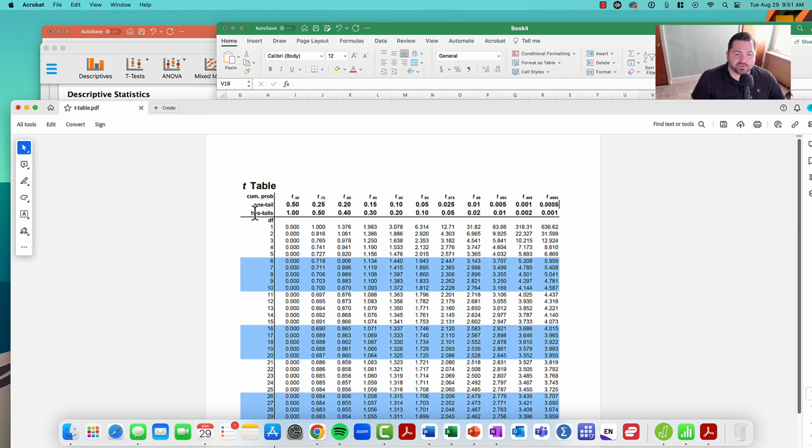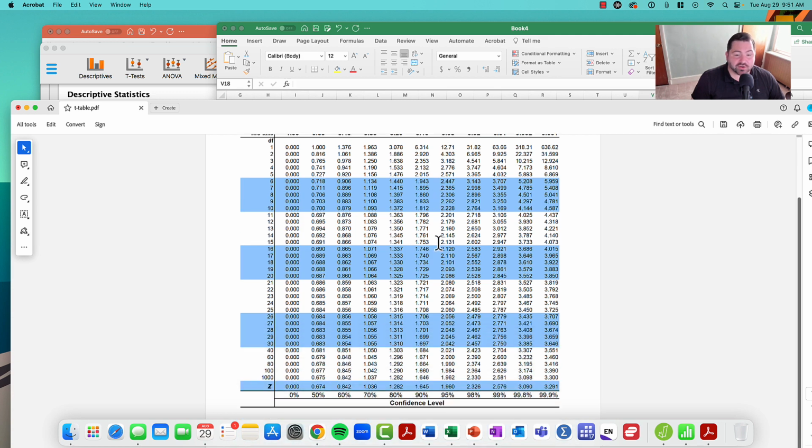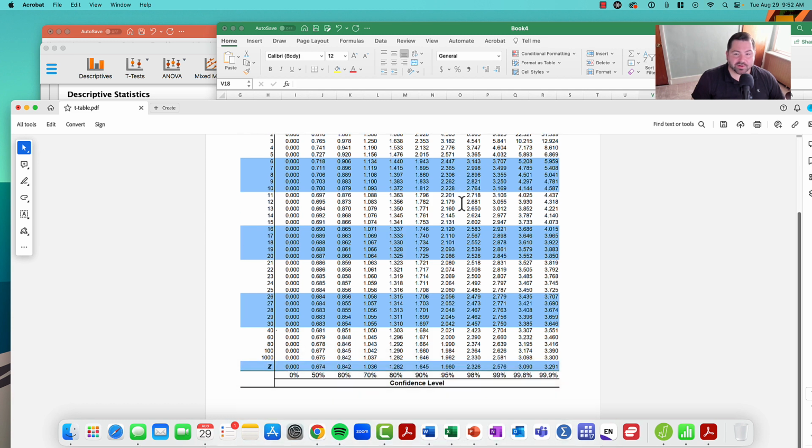If we used a two-tailed test with an alpha of 0.05 and n1 plus n2 minus 2, we had a total of 44 minus 2 is 42 degrees of freedom. We would probably go with this 40 line since it's closer to 40 than it is to 60. If we follow the intersecting points of those values, you would see that the t critical value is 2.021.